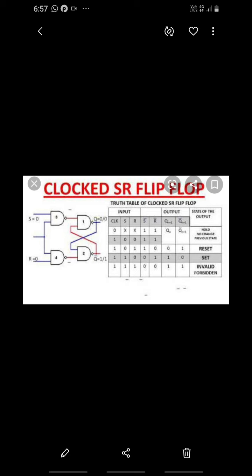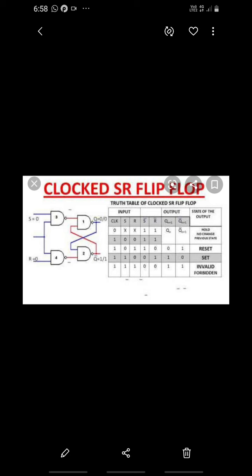Case 2. When the clock is at a high level, the input controls the output as follows. If S is equal to 0 and R is equal to 0, then the output of NAND gates 3 and 4 is high.